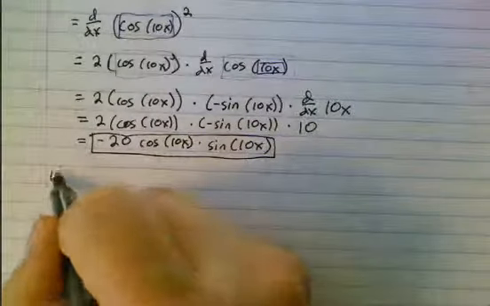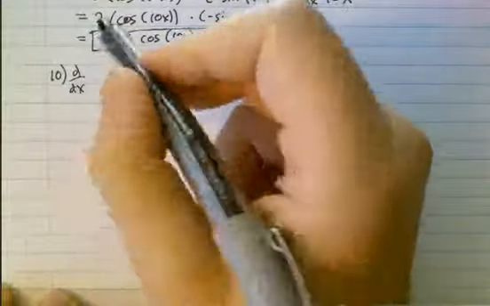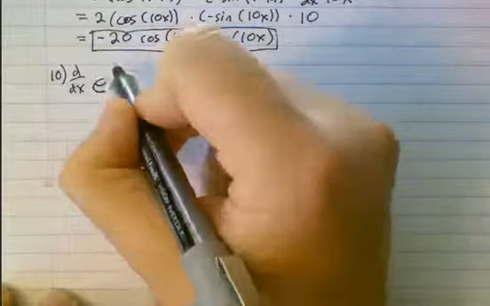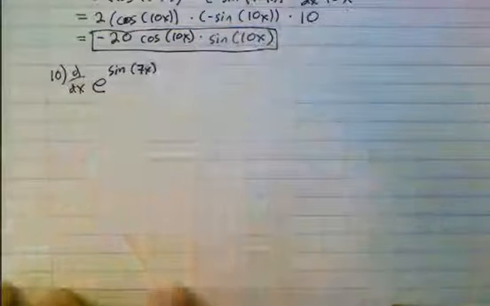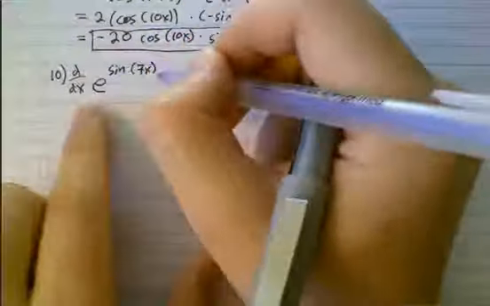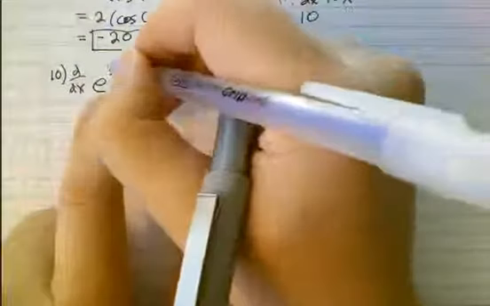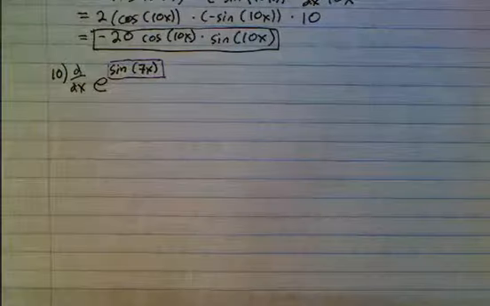Let's do another one of those for practice. Let's take the derivative of e to the sine of 7x. So the biggest box we can draw is e to the sine of 7x, which is in the box.